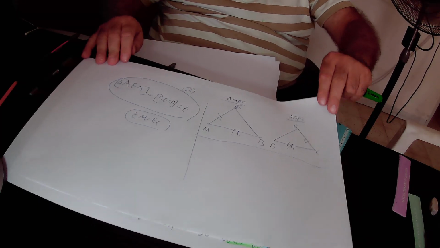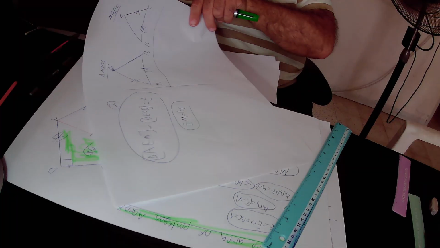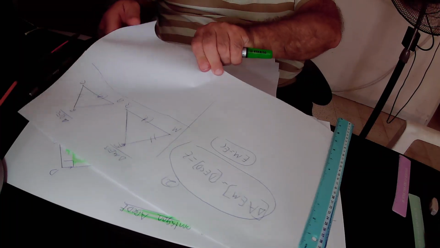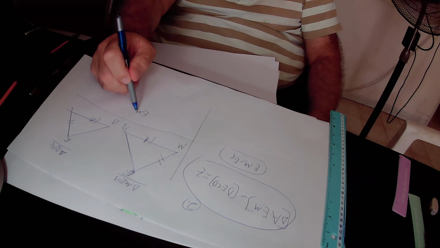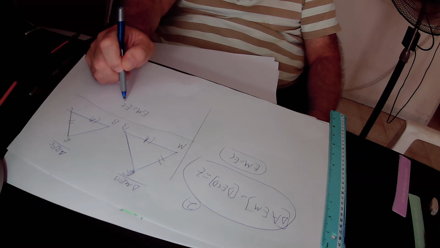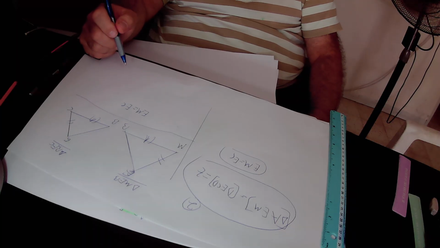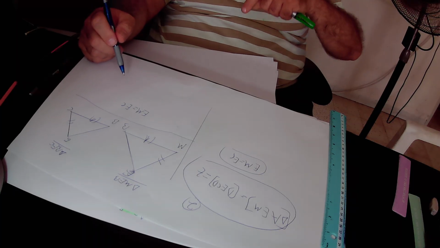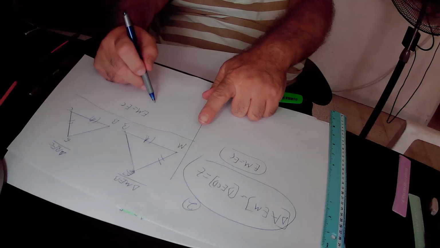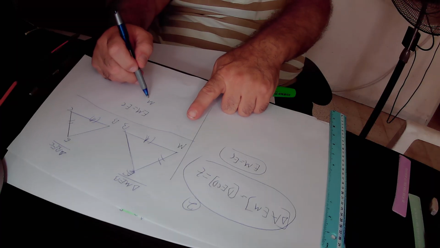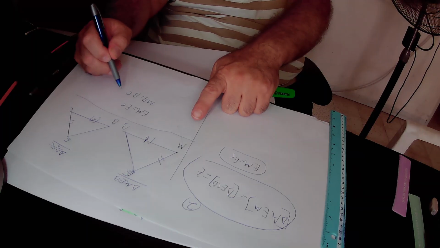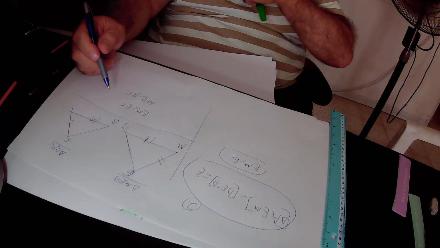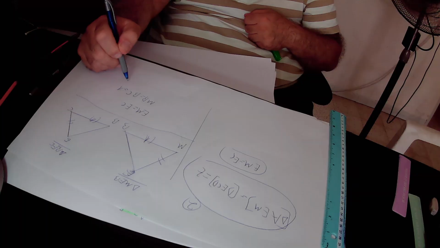So side EM equals side EC. In addition, side MB on this triangle EMB is equal to side BC on this triangle BEC. They are both equal to 1 and therefore they are equal to each other.